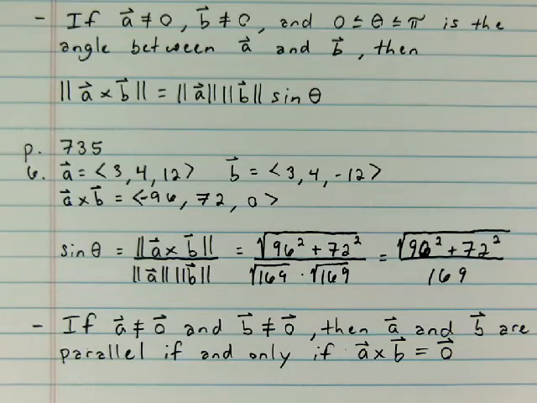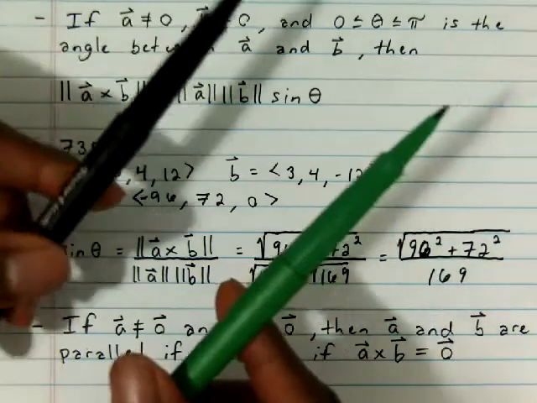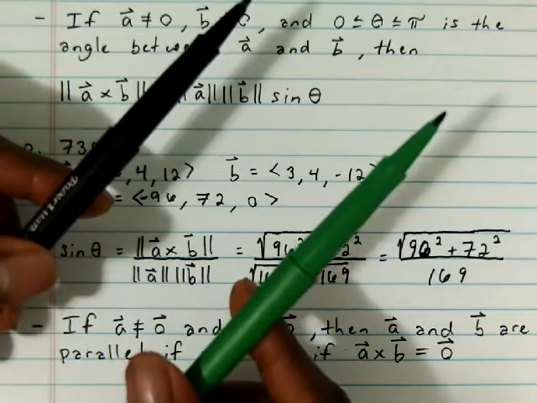All right, so that's a means by which you can determine whether two vectors are parallel to one another or not. Now remember, vectors can move around in space. Any two vectors that are parallel to one another are never going to cross one another.